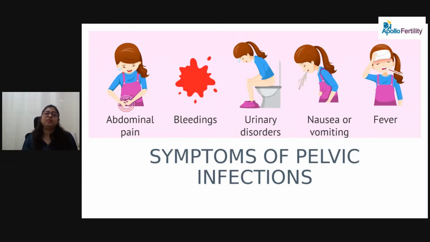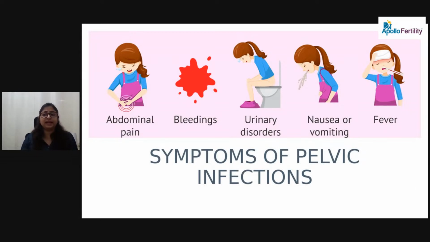If abnormal vaginal discharge is not treated, it can lead to infection of the whole tract, because the infection can move up. There can also be irregular menstrual bleeding, sometimes spotting.